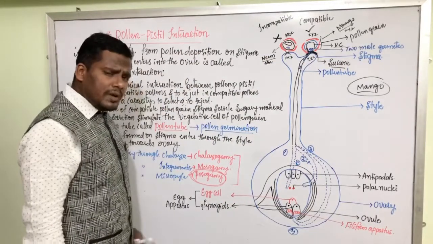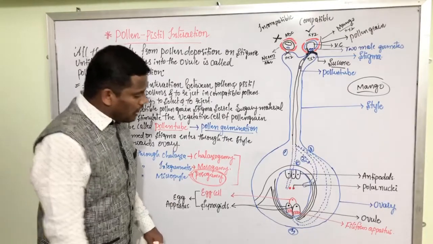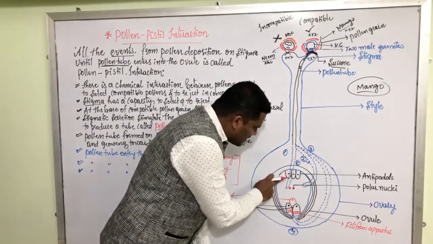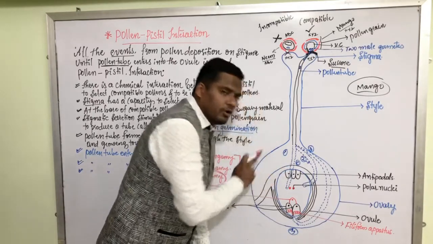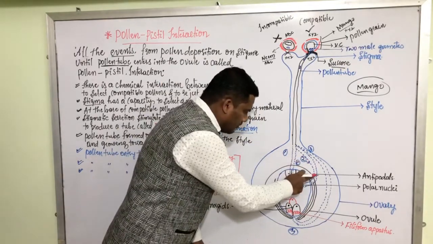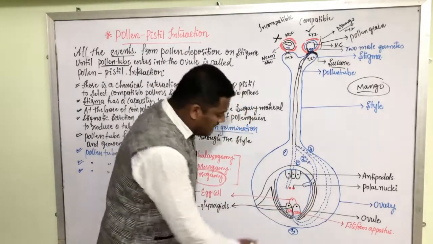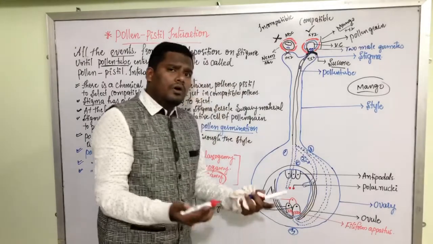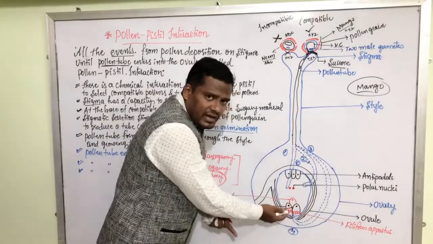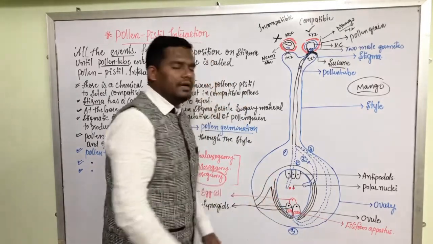Why is it the most common type of entry? Because if the pollen tube wants to enter the ovule through the chalaza, it has to break the integuments. If the pollen tube wants to enter into the ovule, it has to break the two integuments here. Here there is an opening, there are no integuments, it's a clear-cut entry. It is a very easy entry for a pollen tube to enter into the ovule.